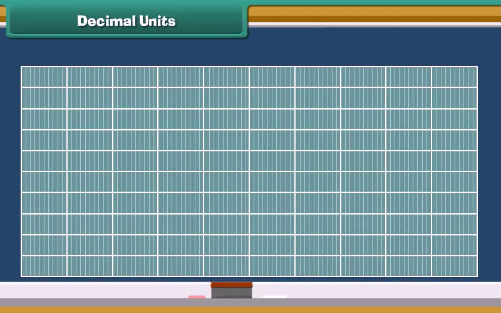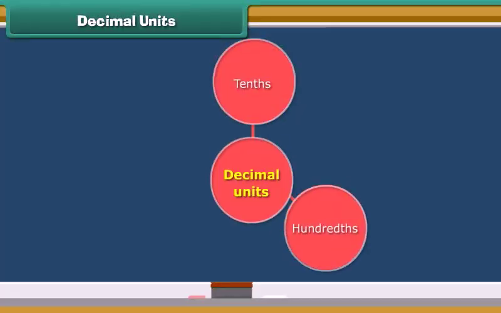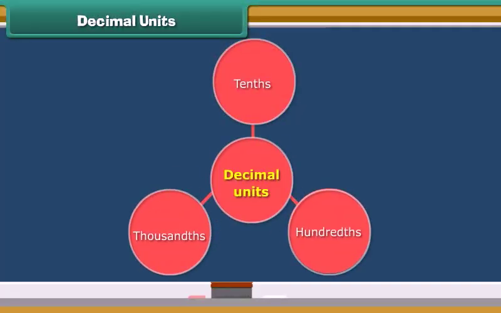Dividing those rectangles into 10 smaller rectangles, we have 10 times 100 or 1000 parts of 1, that is thousandths. So, the fractions tenths, hundredths, thousandths are called decimal units.